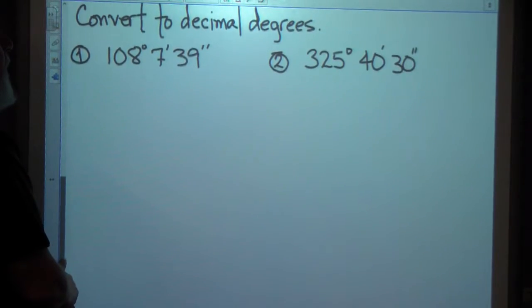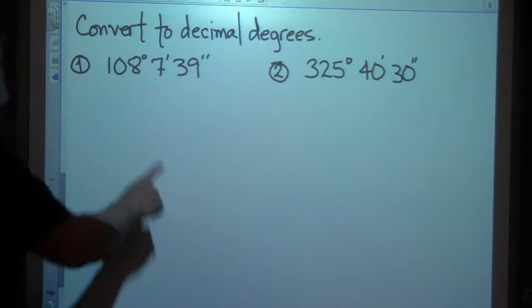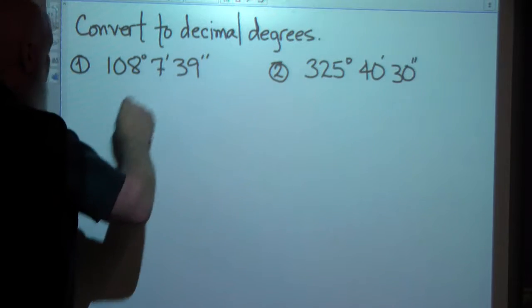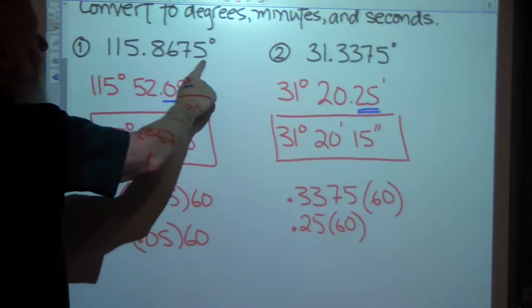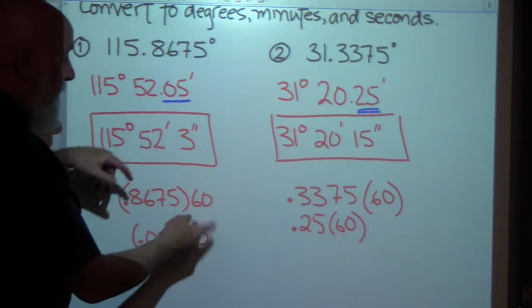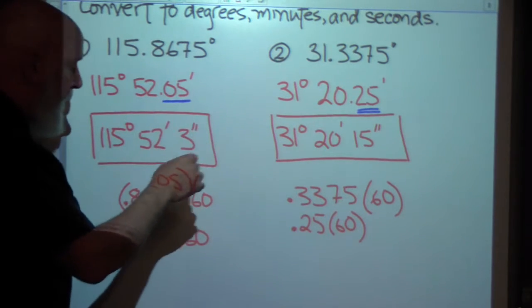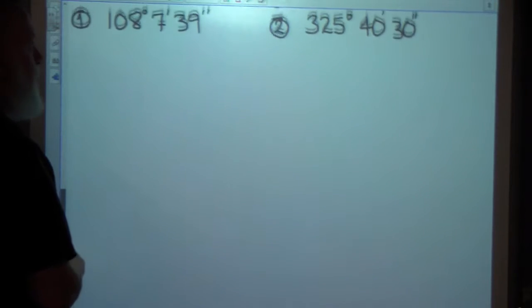Let's see what we got here. Convert to decimal degrees. All righty. Well, to convert to decimal degrees, we're given 108 degrees, 7 minutes, and 39 seconds. Remember, we multiplied this by 60, and then we multiplied the remaining decimal by 60. That's 60 times 60, so we multiplied this bit by 3,600. Here we're going to do pretty much the opposite.